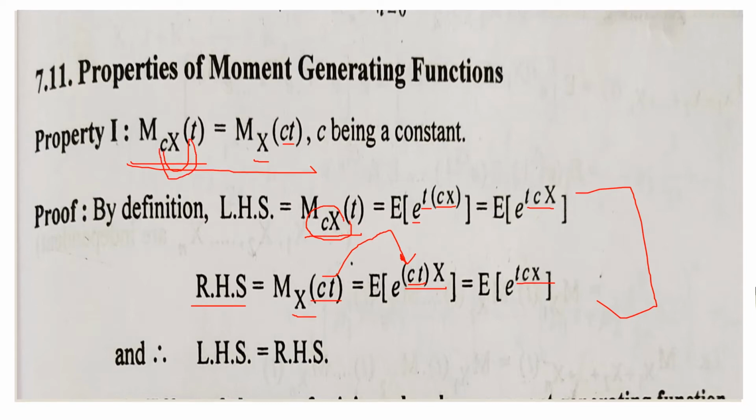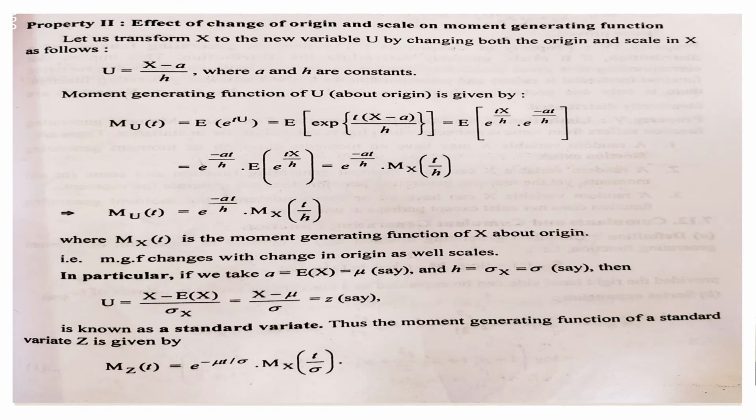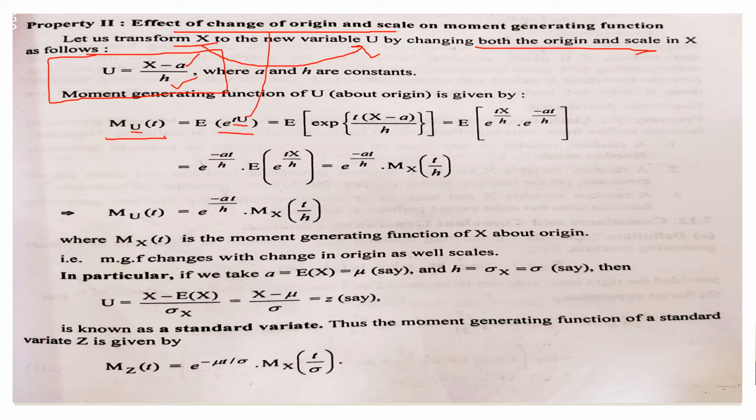Next property: effect of change of origin and scale on moment generating function. Here we have to check the effect. Let us take variable X. We have to change this variable X into a new variable U by changing its origin and scale. So we define U equal to (X minus a) upon h. This is a change of origin, and this is for change of scale. Now our aim is to find the moment generating function of U, and we know the definition: it is the expectation of e raised to power tU, because instead of X here it is U. Now use the value of U, it becomes (X minus a) upon h.